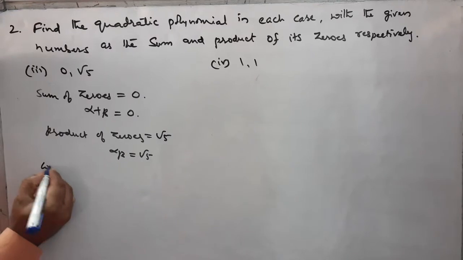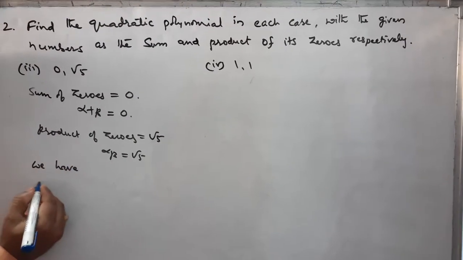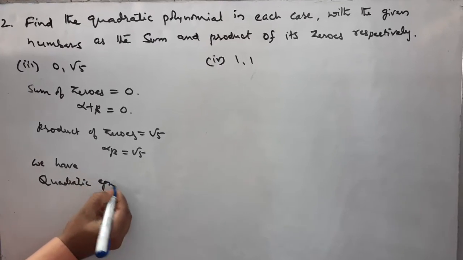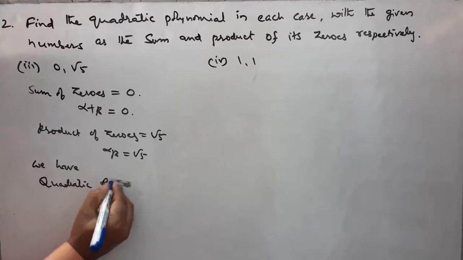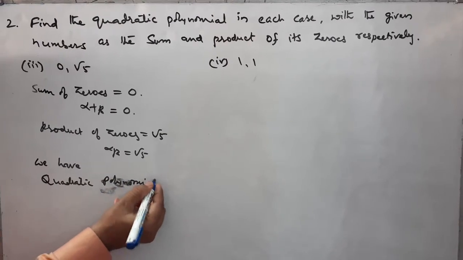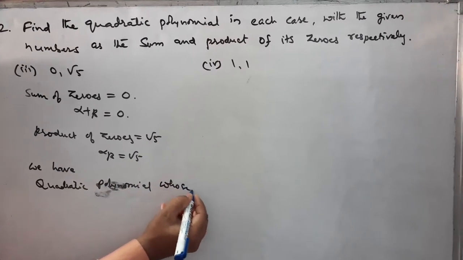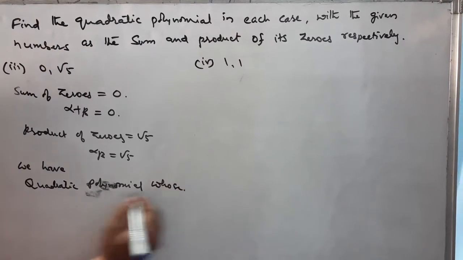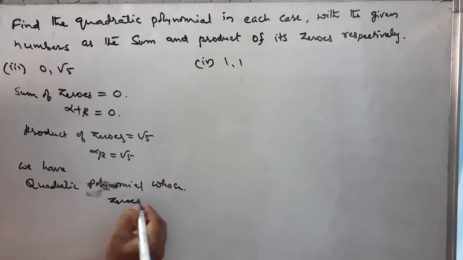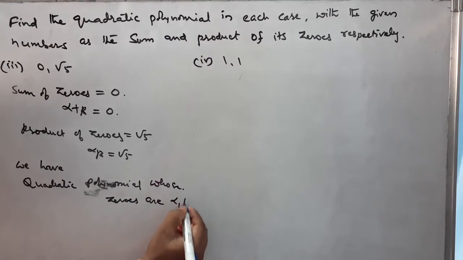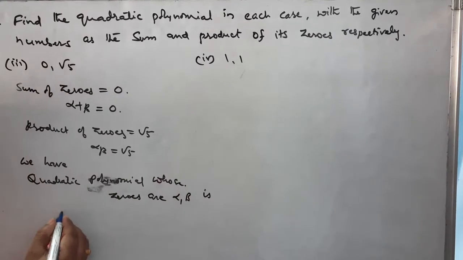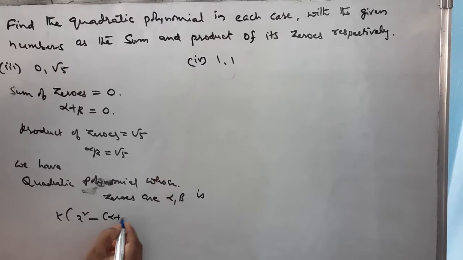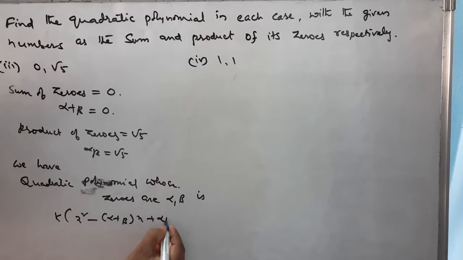So we have the quadratic equation, quadratic polynomial whose zeros are alpha, beta: k into x square minus (alpha plus beta) into x plus alpha beta.